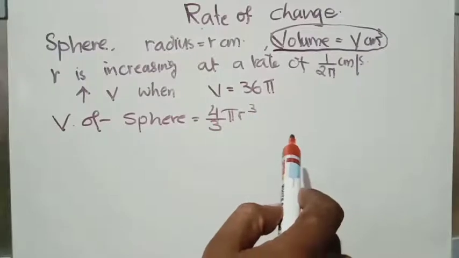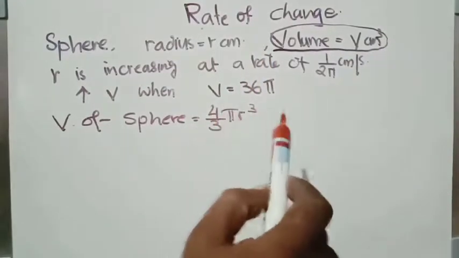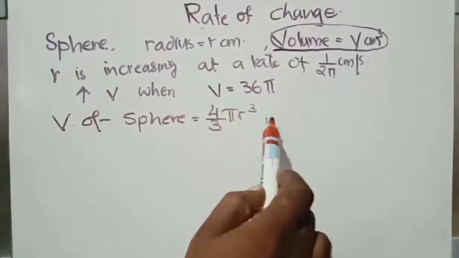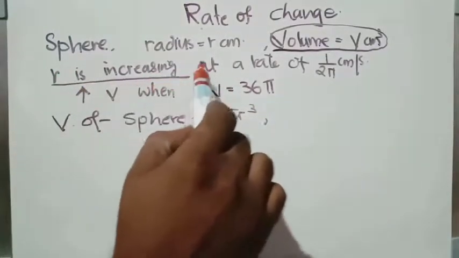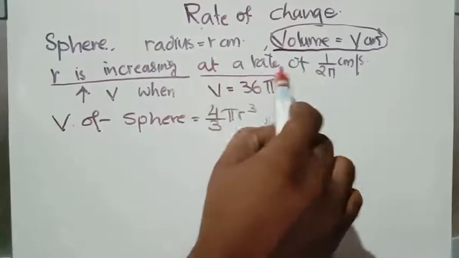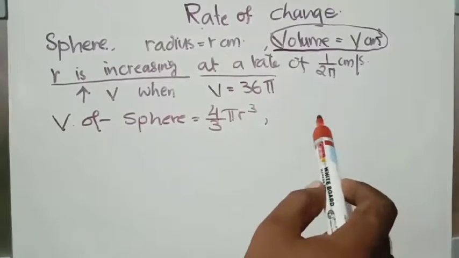Yes, okay, that is the first information we have to take care of. Now the next information is r is increasing at a rate of 1 by 2 pi centimeter per second.